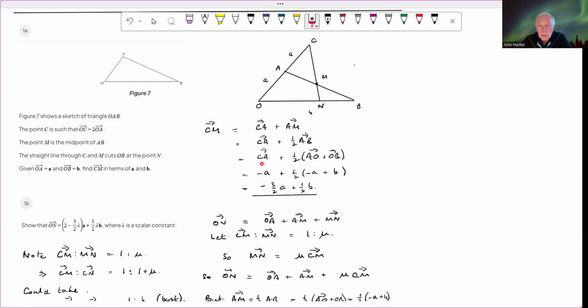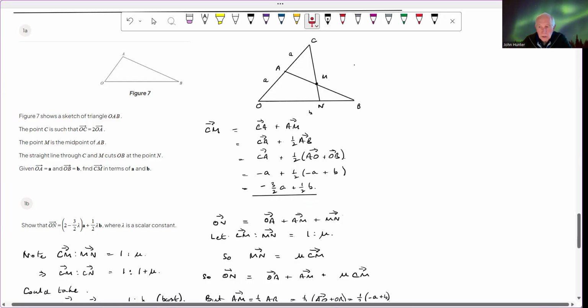We know CA is minus a, AO is minus a as well, and OB is b, of course. So we substitute in the algebraic values, rearrange and simplify, and we get what we're asked to find: minus 3 over 2 a plus half b.